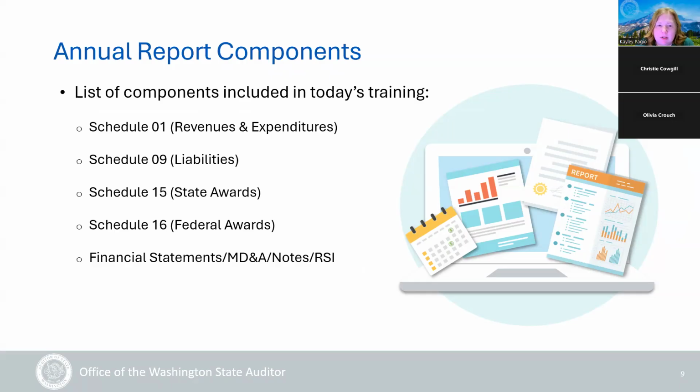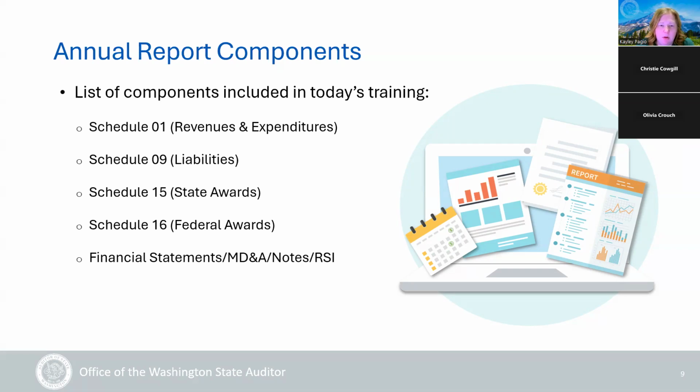For the purpose of today's training, we're going to be focusing on the annual report components that are listed up on your screen. That includes the Schedule 01, Schedule 9, 15, 16, and lastly, the financial statement package, which includes the MD&A, notes, and RSI.